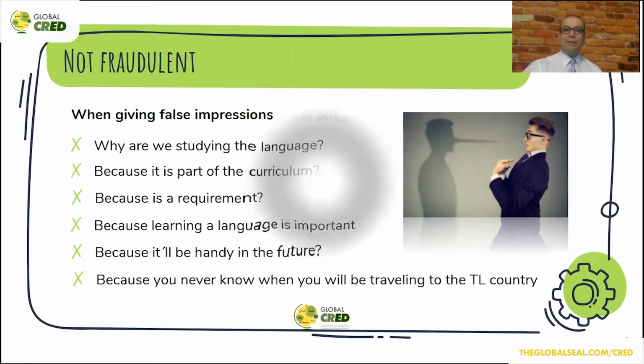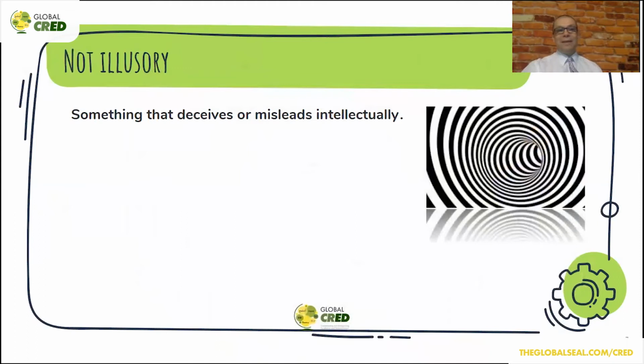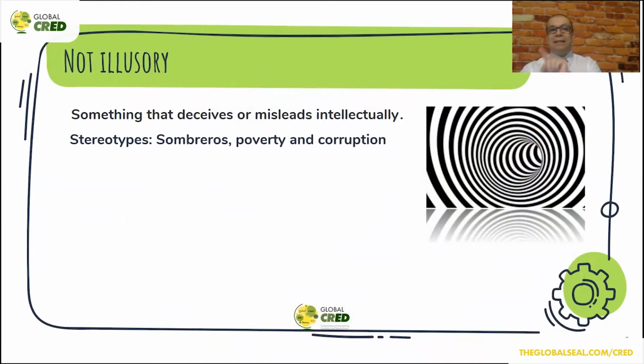Because so many reasons, right? Real means non-illusory. What's illusory? Something that deceives or misleads intellectually, okay? So sometimes we bring to the classroom some things that are very, very close to what a stereotype is.